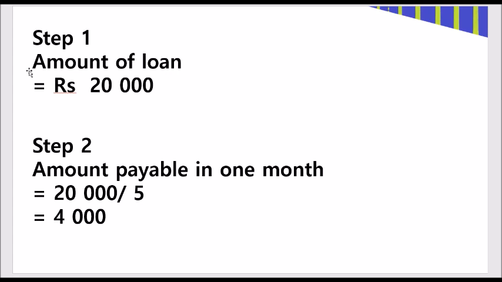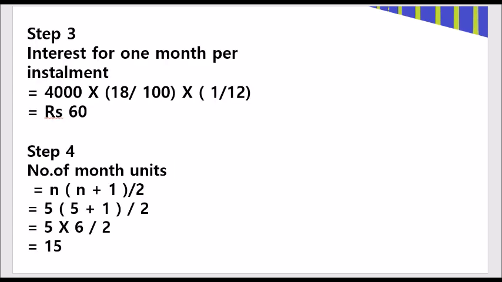That's 5. Then 20,000 divided by 5 is 4,000 rupees. That's the same as the previous example. Okay. Look at step 3. Interest for 1 month per installment. So you have to calculate the interest for 1 month.